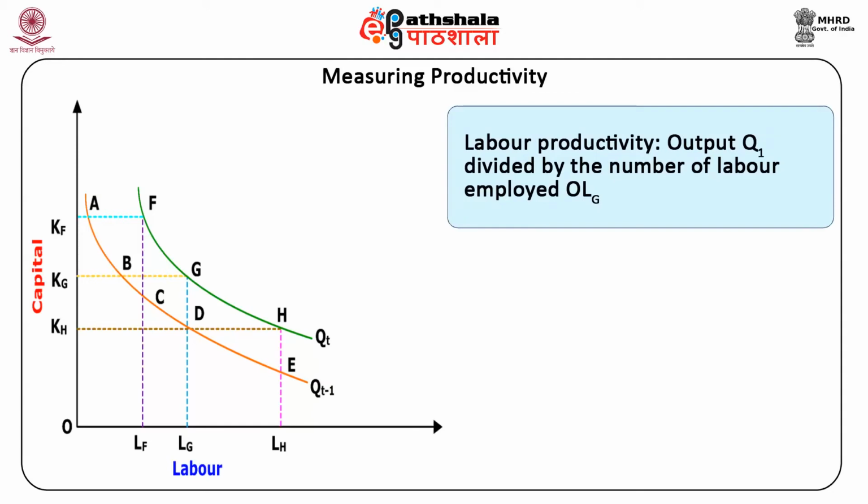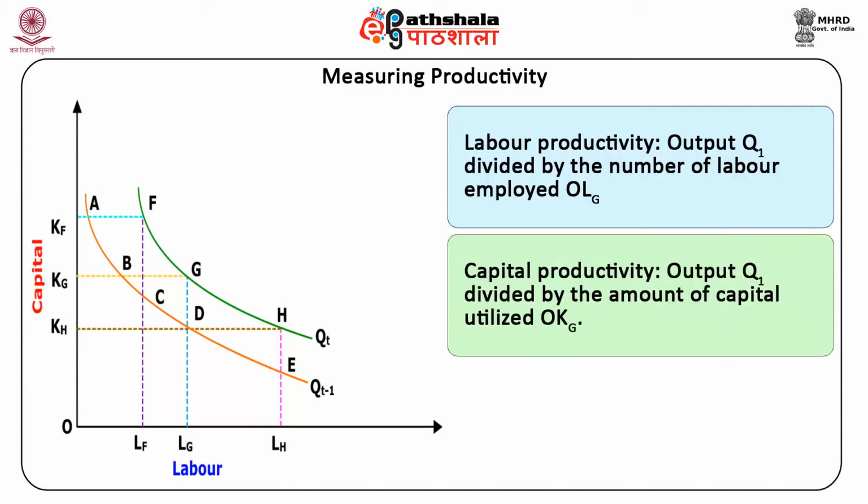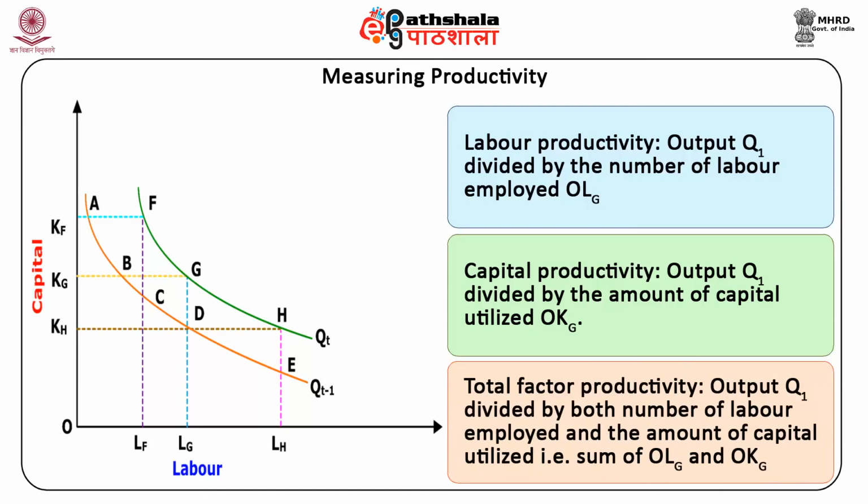Labor productivity: output Q1 divided by the number of labor employed, that is OLG. Capital productivity: output Q1 divided by the amount of capital utilized, OKG. Total factor productivity: output Q1 divided by both the number of labor employed and the amount of capital utilized, that is the sum of OLG and OKG.